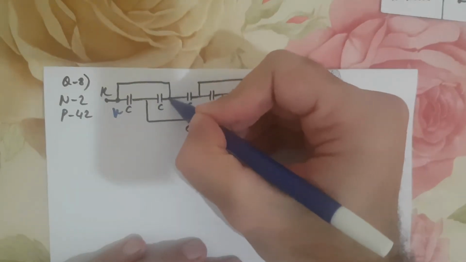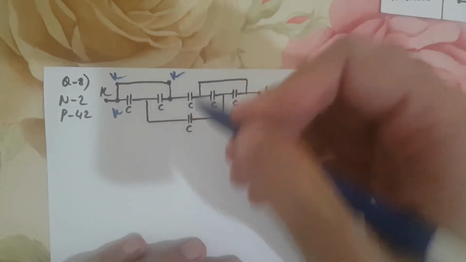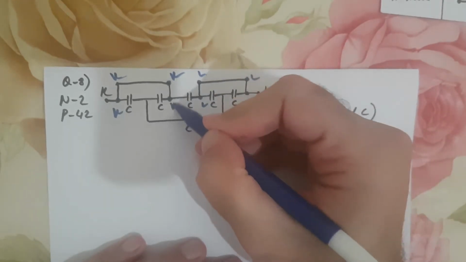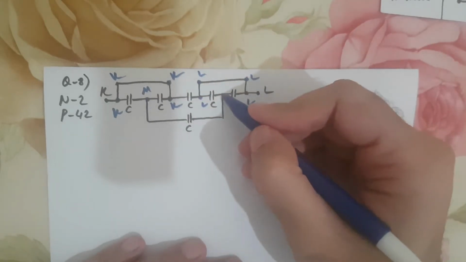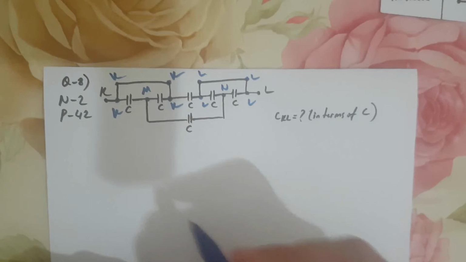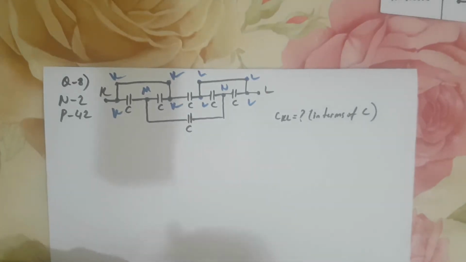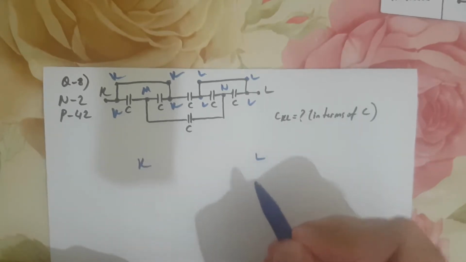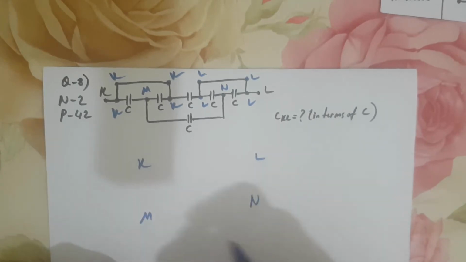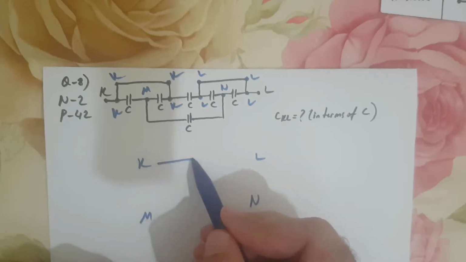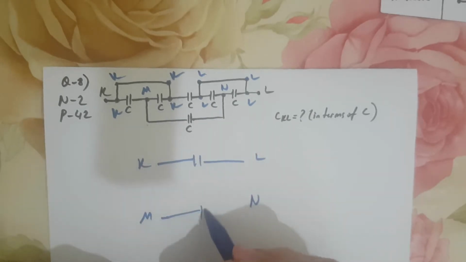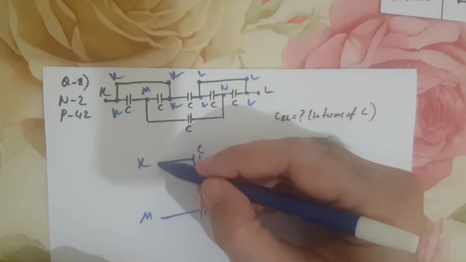We call it K. This one is the K. This one is the L, and then L, and then L, K. Let's say M, let's say N. Between K and L, let's say K, L, and then in parallel there is M and N. K and L, as you see, this one is C, and then MN, this one is C. Okay, and then the other one is KM, as you see in parallel here.